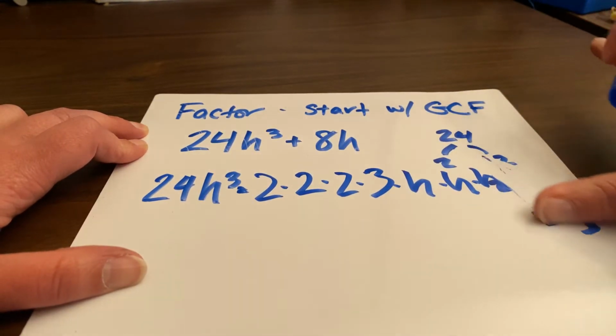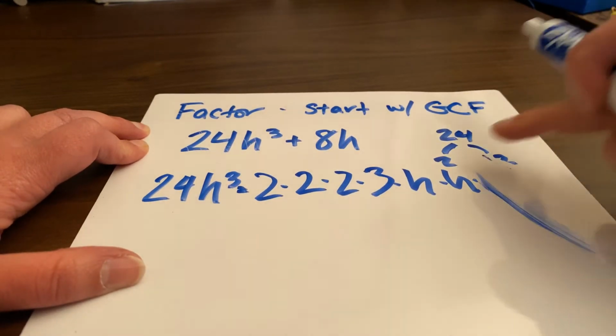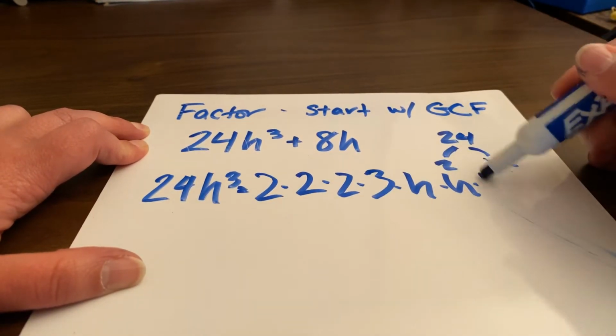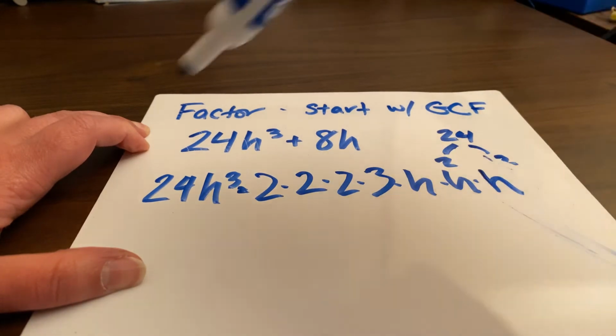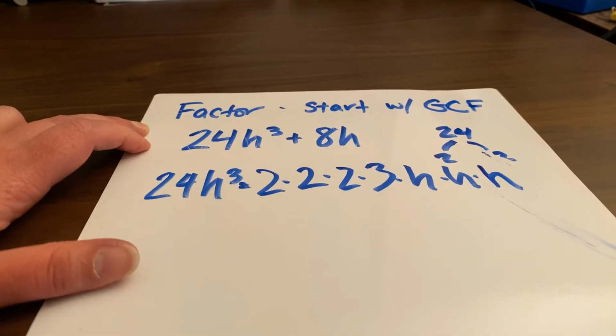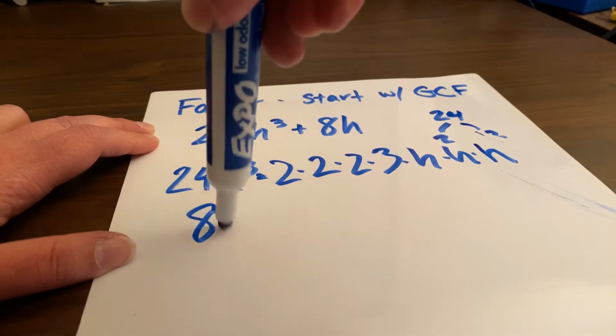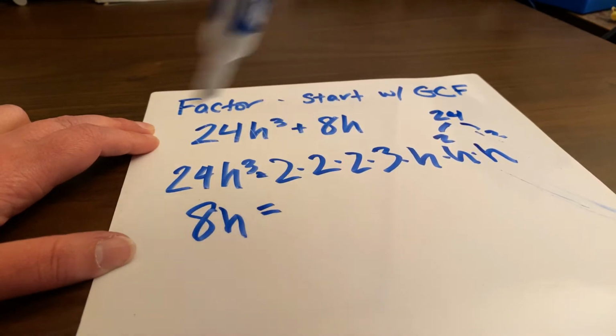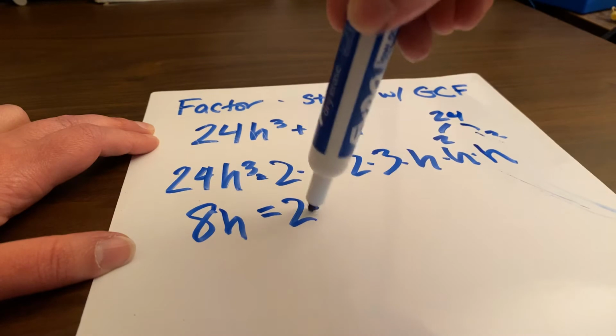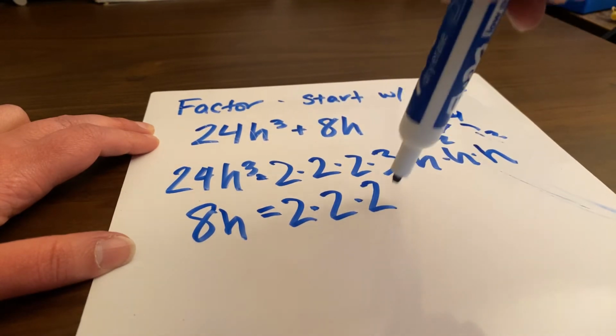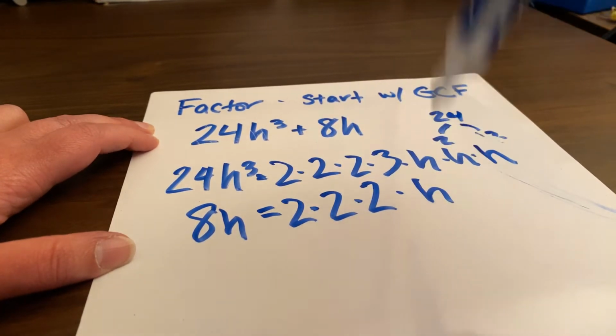And here I'm going to erase the factor tree. And that's the prime factorization for the 24h cubed. What about for 8h? For 8, it's 2 times 2 times 2 times h.